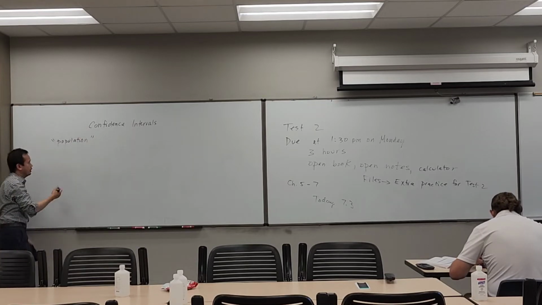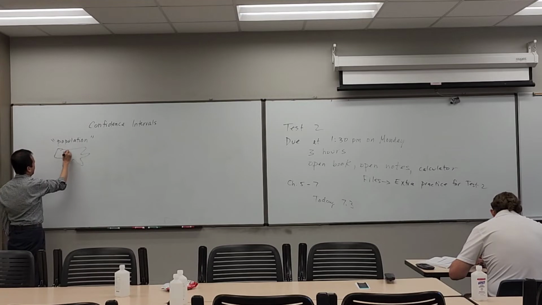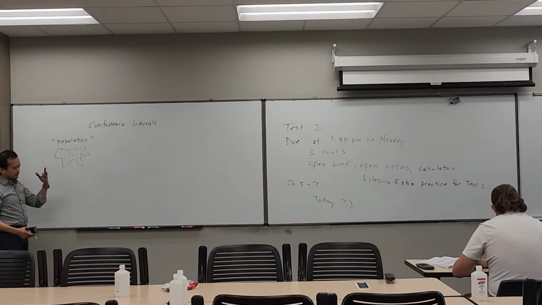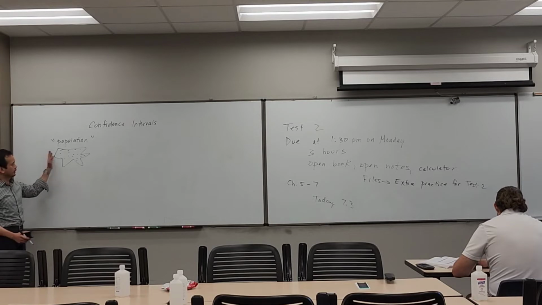If you had access to all the data in the population, like the country, then it would be easy. Like if you wanted to find a true population proportion of success, you would go through every data point and see whether that data point represents success or not. If it is, count it up, and then divide by the total number. That would be a proportion of success.